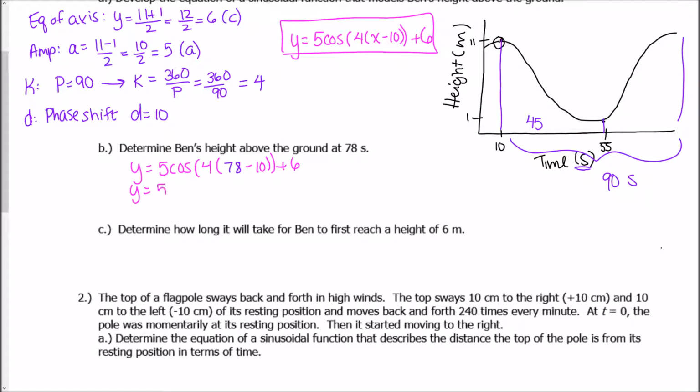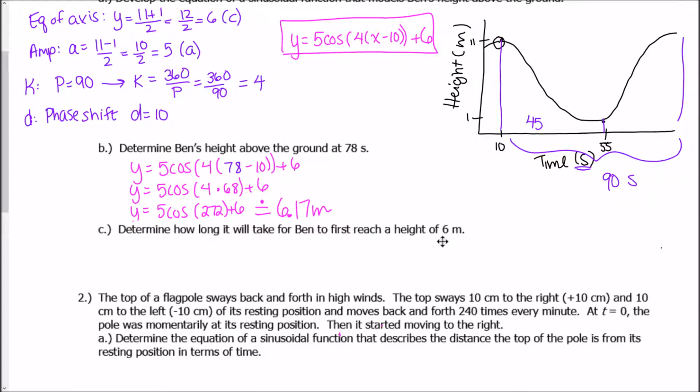So y equals 5 times the cosine of 4 times 68 plus 6, or just say y equals 5 times the cosine of 272 plus 6. And then when I type that into my calculator, I will get approximately.